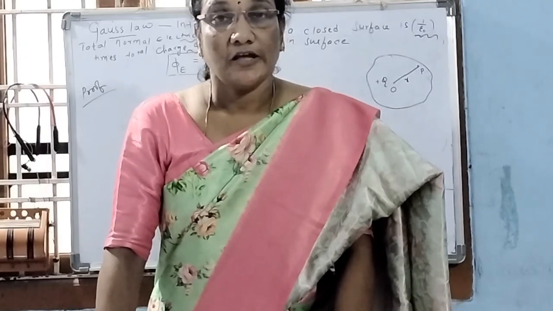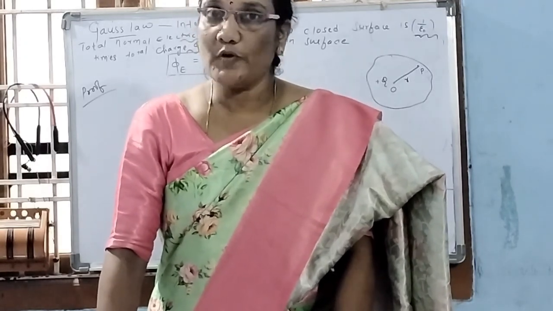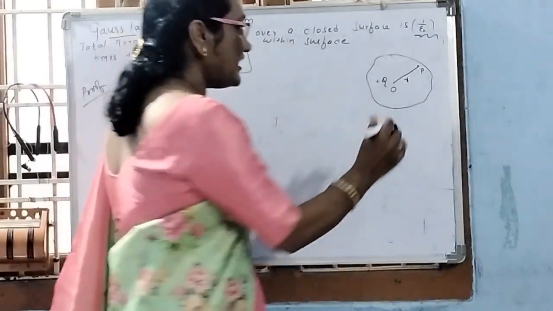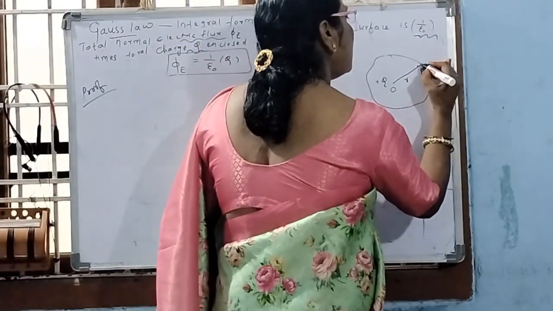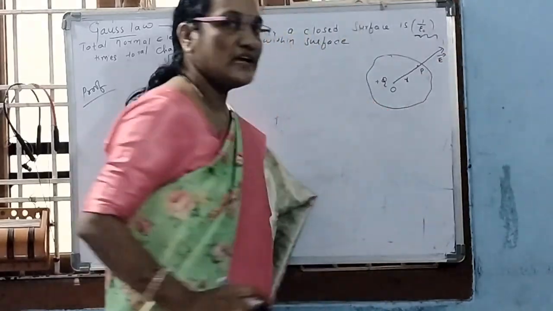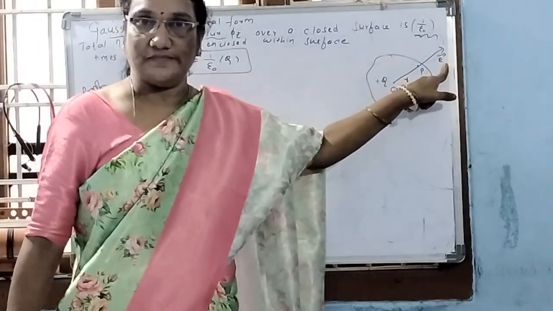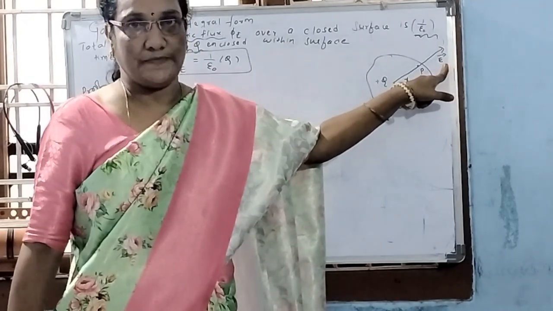Here, we considered a positive charge, so the electric lines of force will be outwards. So the electric field direction is outwards.